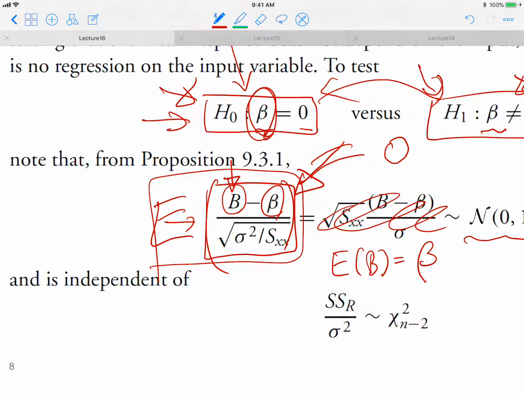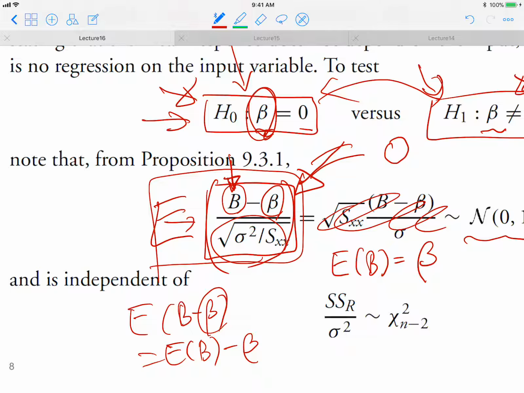It is just a fixed constant, but only B will change and B will be our random variable. We have some scaling part, but this one will be just a constant, and we know this guy is the same as beta, so it will be 0, right?